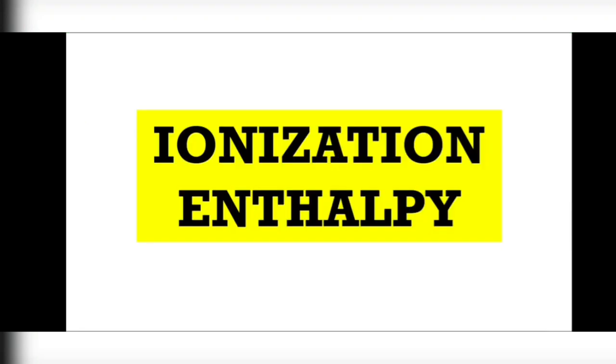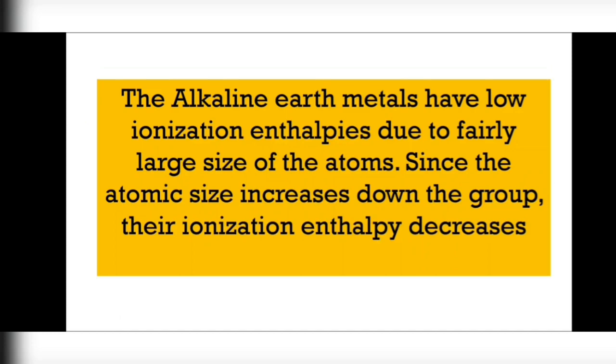Now we'll discuss the ionization enthalpy. The alkaline earth metals have low ionization enthalpy due to the fairly large size of the atoms, so it is very easy to remove an outermost electron.